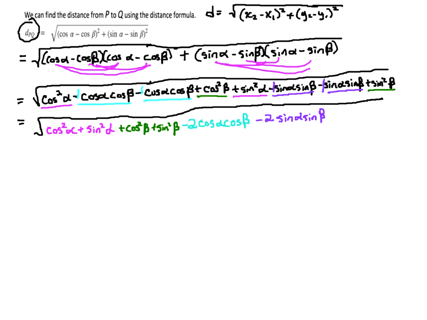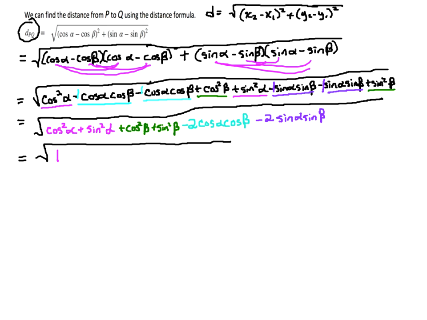Okay, so now I'm going to turn my Pythagorean identities into 1. So cosine squared alpha plus sine squared alpha, that's just 1.